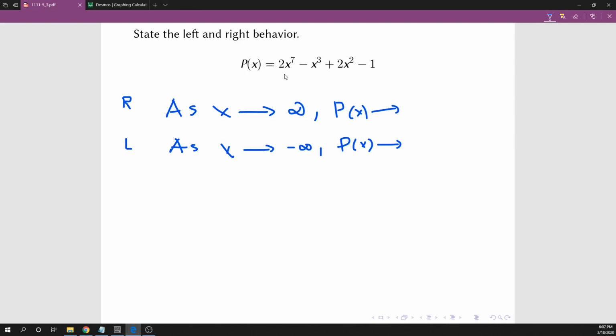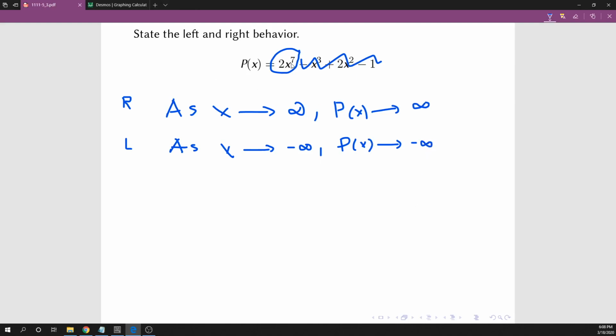Okay, so first thing is the leading coefficient is this one right here, or the leading term. All the rest of these don't really matter for the left and right behavior. All right, for the right behavior, we look at the leading coefficient. It's positive, so it goes to positive infinity. For the left behavior, we look at the degree. It's odd, so it's going to be the opposite of this one.